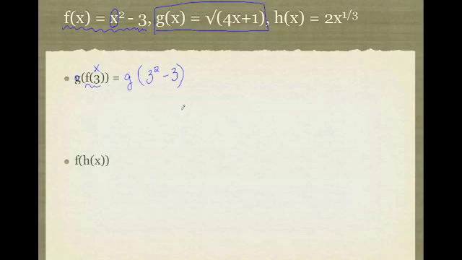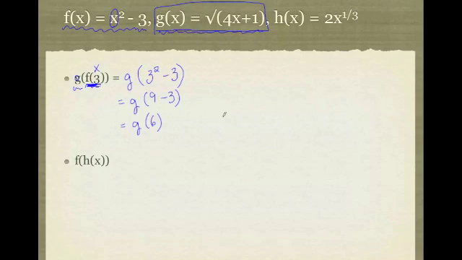So I'm going to compute that first. Notice I'm computing what's on the inside and then taking it to the outside. So I get 9 minus 3, which is 6. So now I'm looking for G of 6. So I look up here and see, what is my G function?